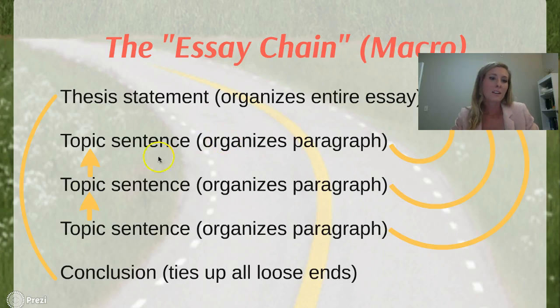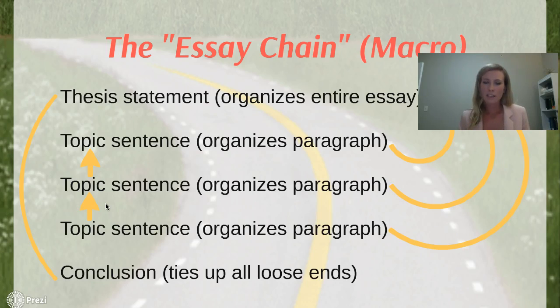Now, the reason that there are also arrows in between, right here, the topic sentences, is that a strong topic sentence will also not just link back to the thesis statement, but will also gesture back to the previous paragraph. And there are ways that authors can achieve this.